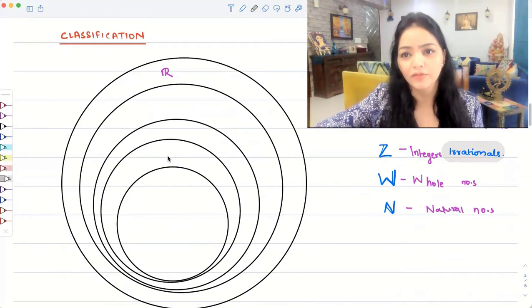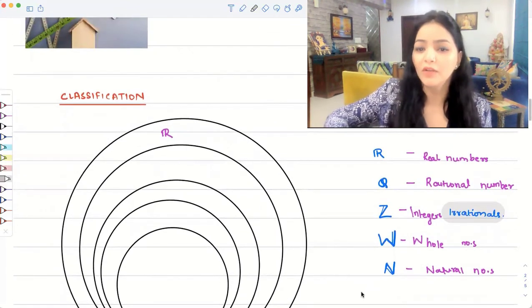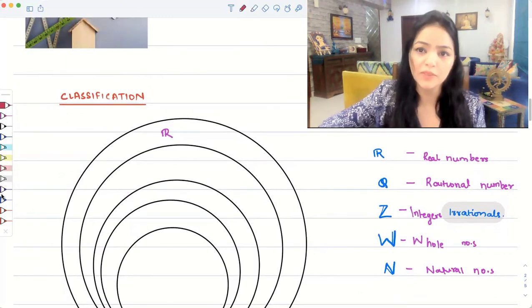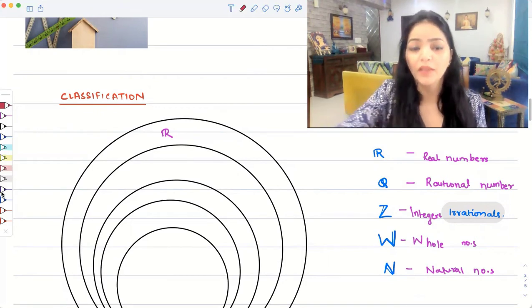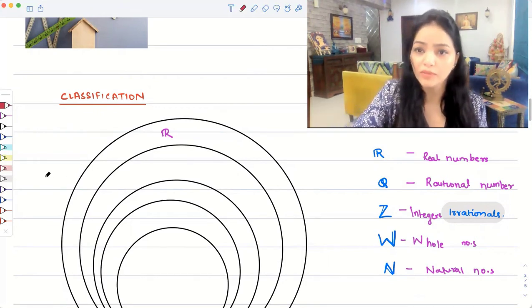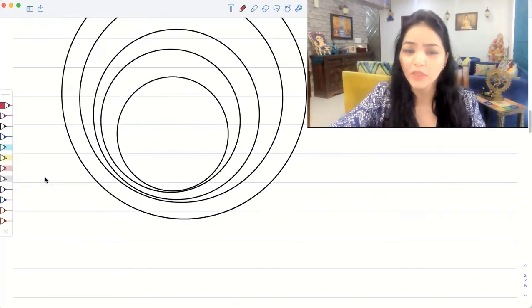The first thing that I'm going to talk about, and which comes very naturally to us, is the set of natural numbers. The set of natural numbers are basically counting numbers, the numbers that we use to count. If, say, you have a few pencils, you would like to count them: 1, 2, 3, 4.